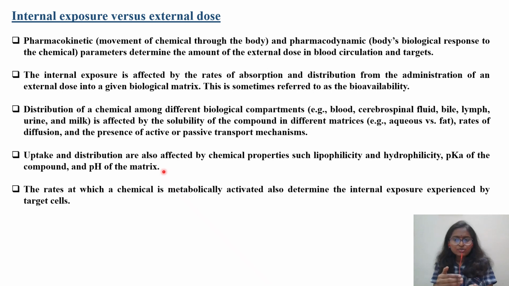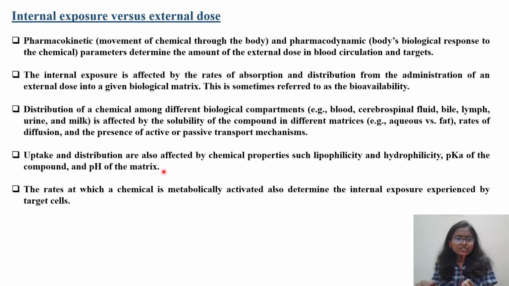Understood? So in our body, different regions have different pH states, and that will facilitate the type of absorption of that particular chemical. Sometimes the presence of another chemical will also influence the absorption of the chemical which we are studying.